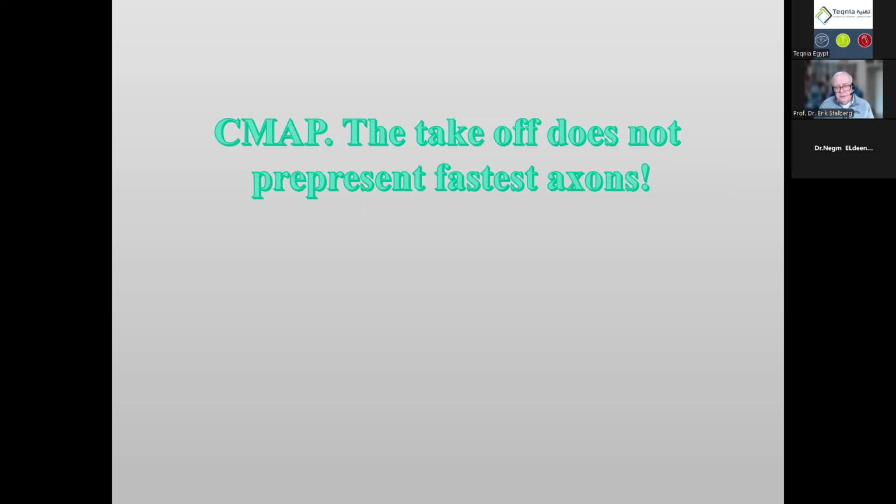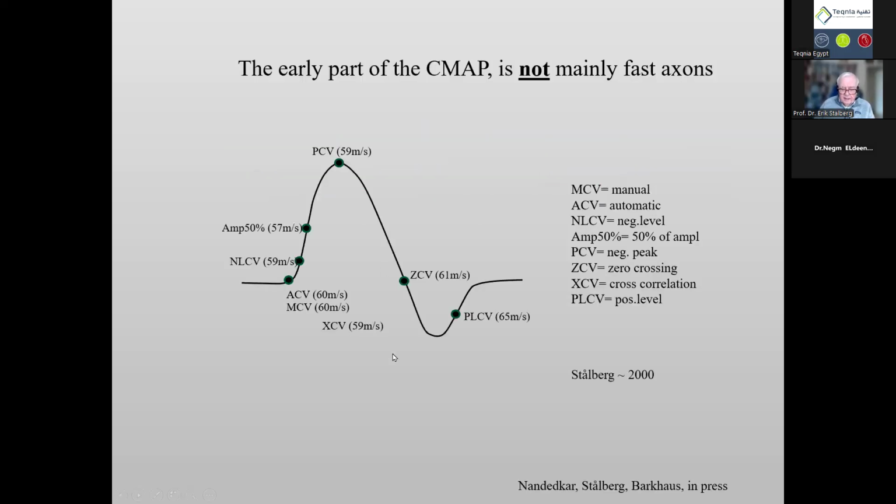And another new thing that we have discussed long ago, but that we have tested scientifically a little more recently. This is one of the slides I used long ago when I measured conduction velocity to the takeoff to 1 millivolt up to halfway up to the positive or the negative peak.